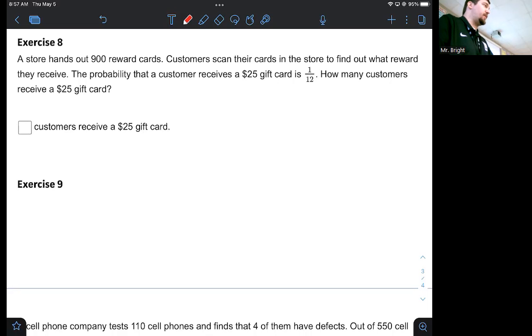How do you solve a prediction question? There could be some dividing. There could be some multiplying. But what do you have to do before you do that, Natalie? There's 900 cards that are going to be given out to 900 customers. What do you have to do first?